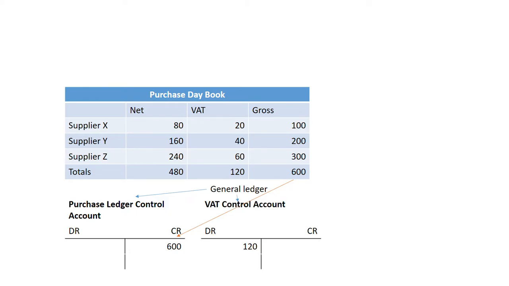We've got the VAT control account. We owe £120 to our supplier, or suppliers in this case, of which £120 of it is VAT which we can recover. So it's an asset that's increasing, which is a debit.